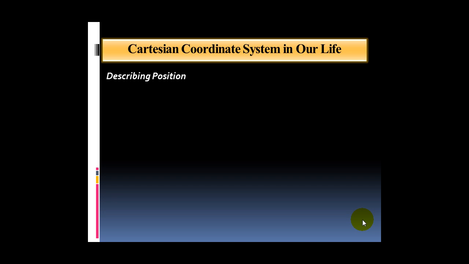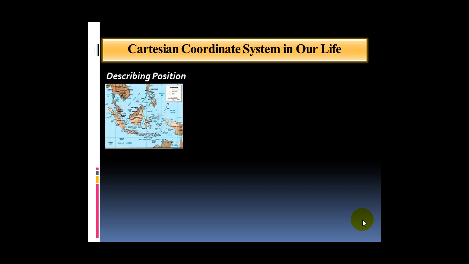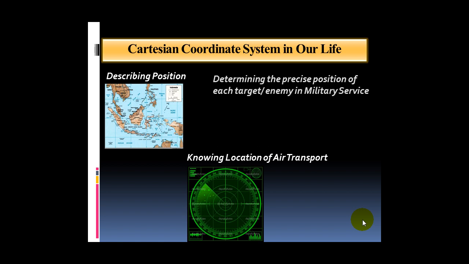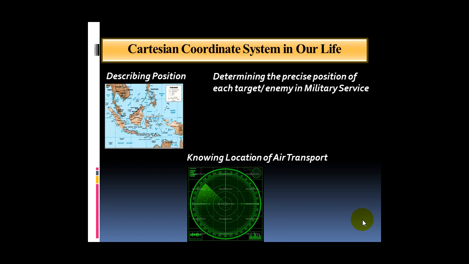Describing position like a map. And then, knowing the location of air transport, untuk mengetahui koordinat dari suatu pesawat. And then, determining the precise position of each target or enemy in military service.